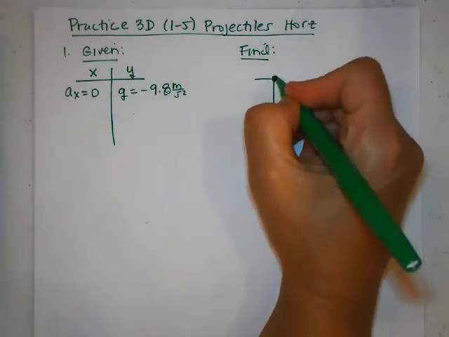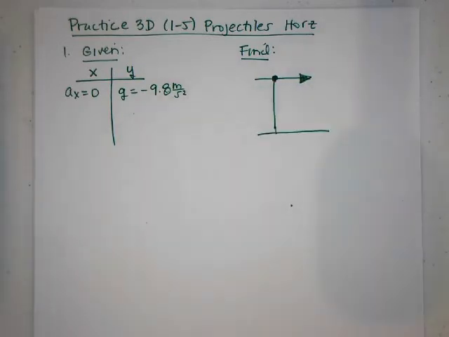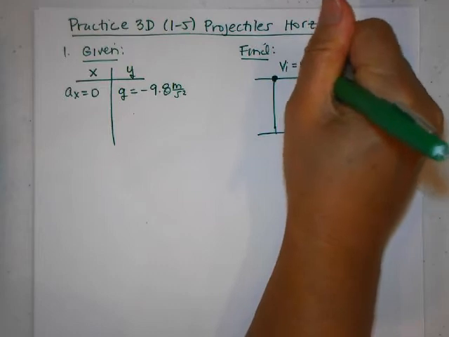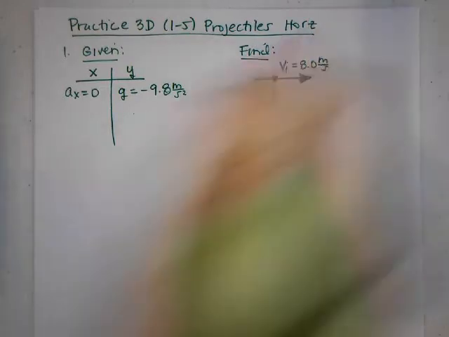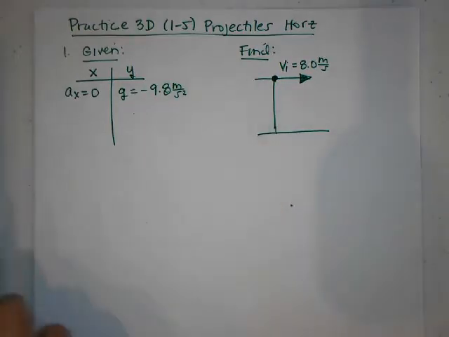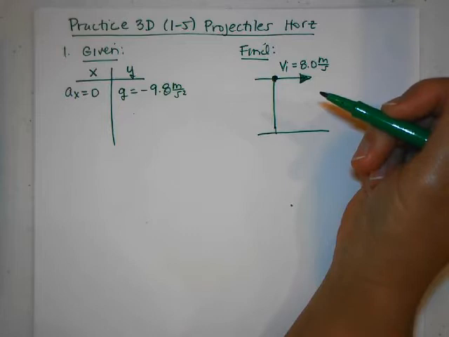The stone is thrown horizontally. So this vector represents the velocity, which they said Vi is equal to 8 meters per second on this cliff. Now the cliff, they told me the cliff is 78.4 meters high.